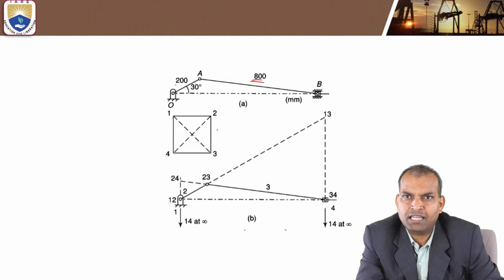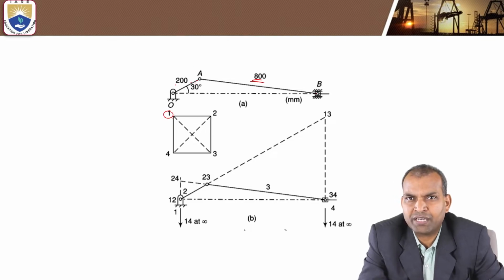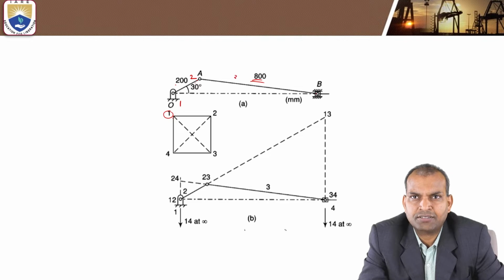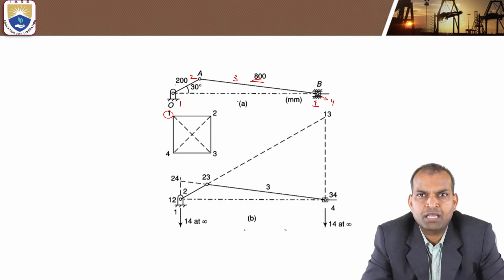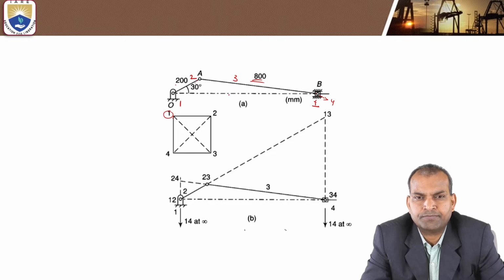Either a circle, a rectangle or a square, you draw and mark the links. How many links are there in this mechanism? Fixed link is 1, crank 2, connecting rod 3, and the slider is 4. So it comes under the category of a 4-bar mechanism.